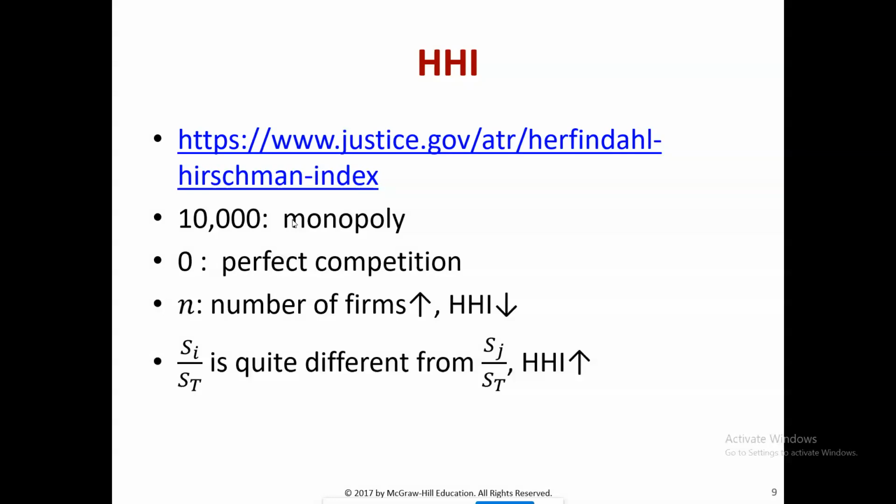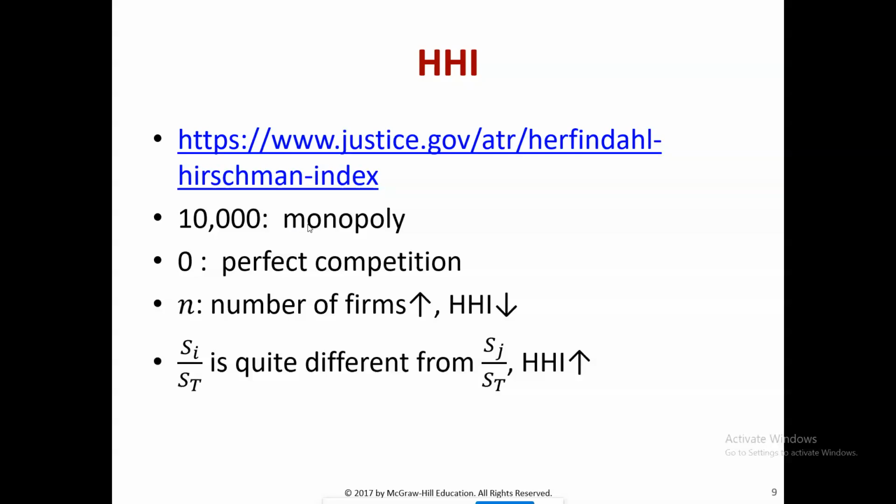The Herfindahl-Hirschman Index increases both as the number of firms in the market decreases and as the disparity in size between those firms increases. The agencies generally consider markets in which the HHI is between 1,000 and 1,800 points to be moderately concentrated, and consider markets in which the HHI is in excess of 1,800 points to be highly concentrated.